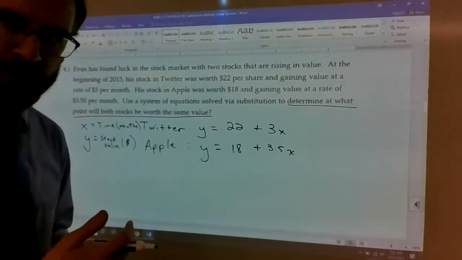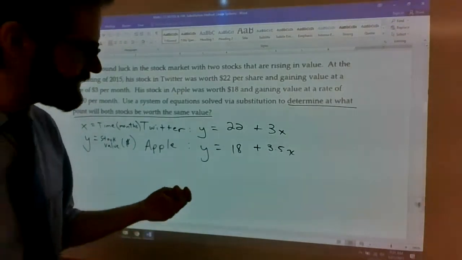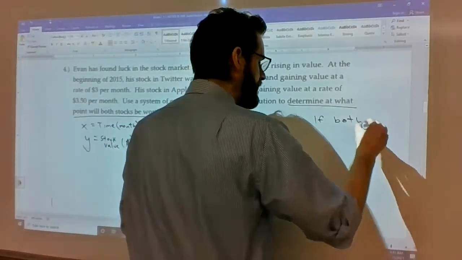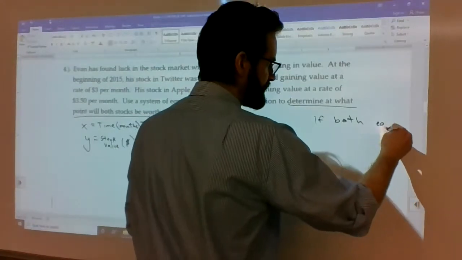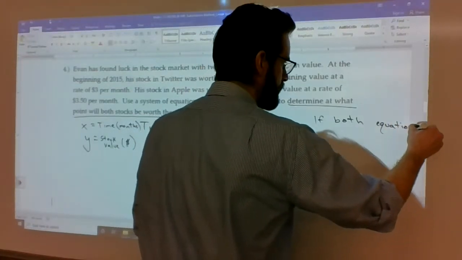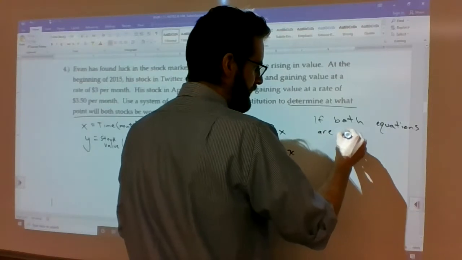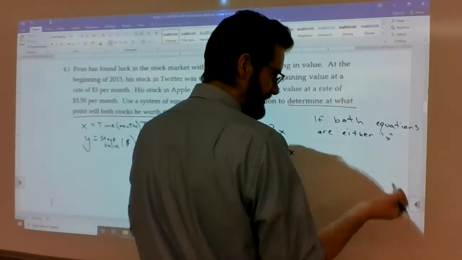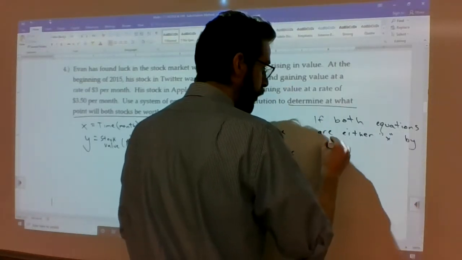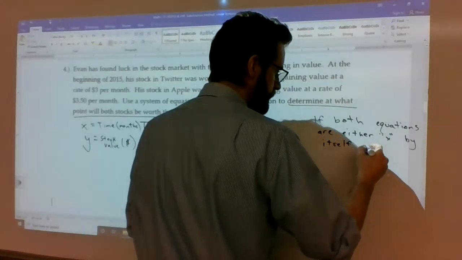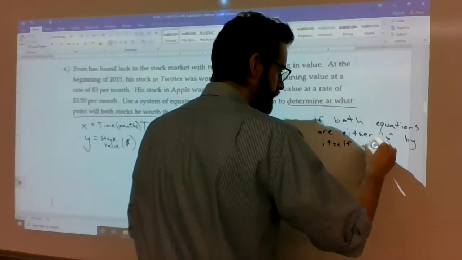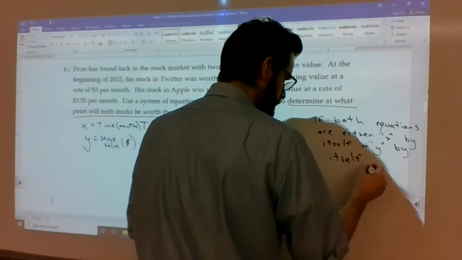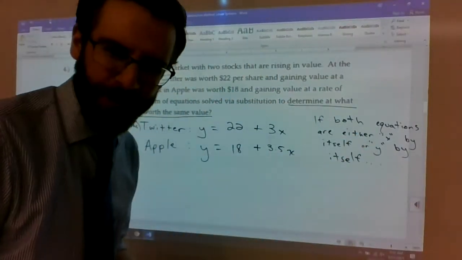Now, how do we use substitution to solve it if both of them have y by itself? If both equations are either x by itself or y by itself, what do we do?